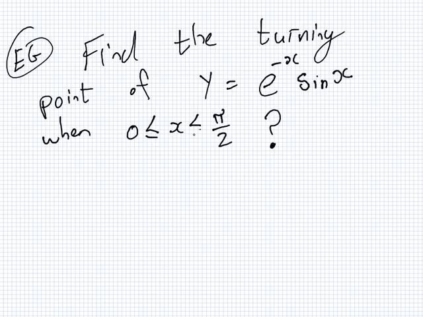Yeah, so what? Zero's a number. Zero's a fine number. So x equals 0. There's nothing wrong with that.